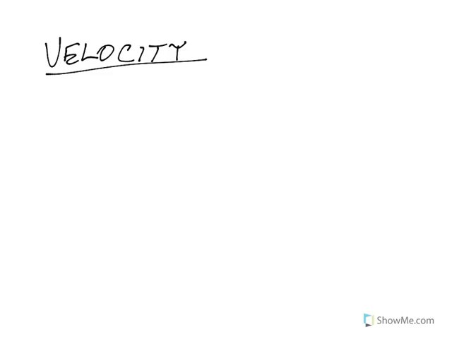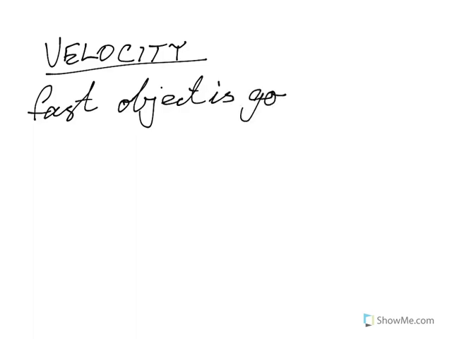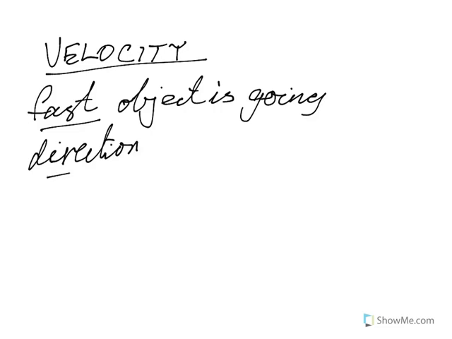Alright, so velocity is a quantity that tells us how fast an object is going. Alright, so that's your word in your notes. And also the direction, the direction of travel.